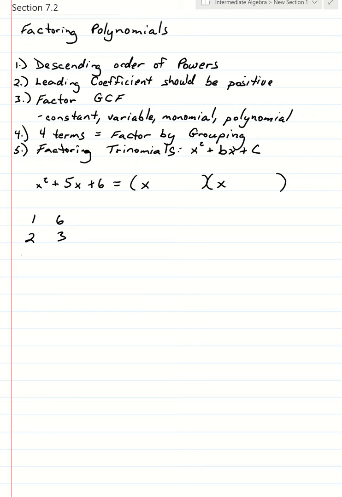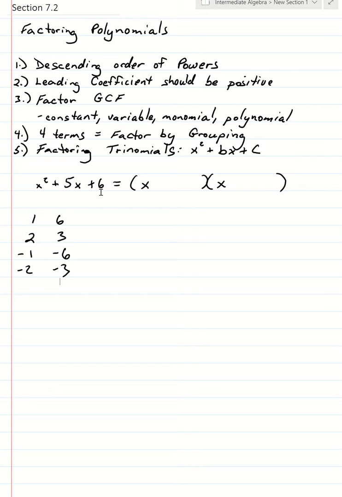We could go with, of course, a negative 1 times a negative 6. That would give us a positive 6, as well as a negative 2 times a negative 3. What I have listed out here are all of the factors of a positive 6. Remember, we need two numbers that multiply to that last number 6.